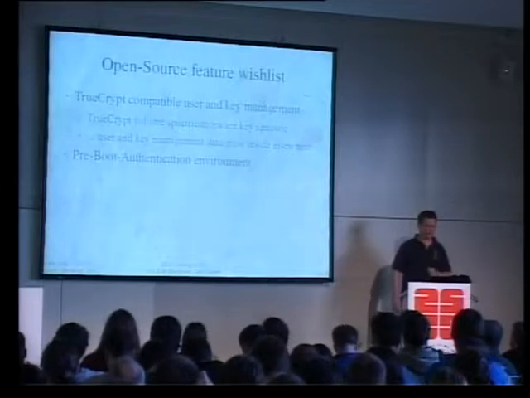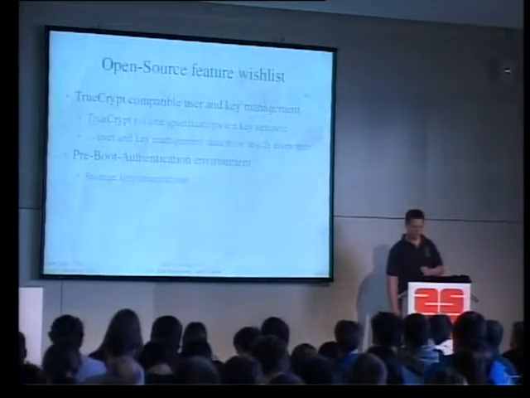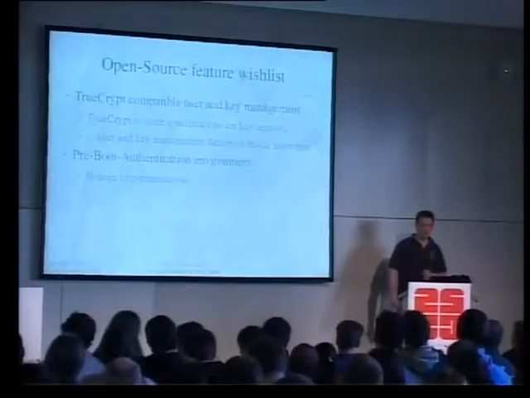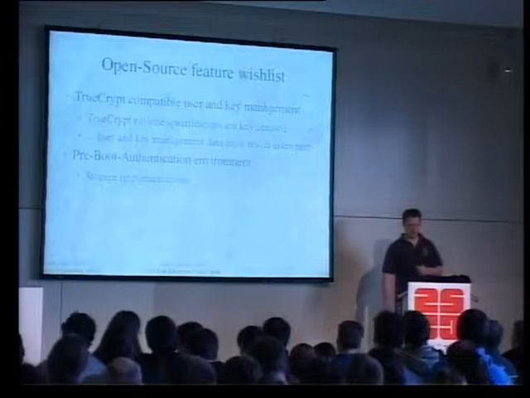Pre-boot authentication. I would like to see some additional implementation where the pre-boot authentication environment is stored. Right now, it might be stored in some slack space on the disk, like the unused sectors up front. There's other ways you can think about it.